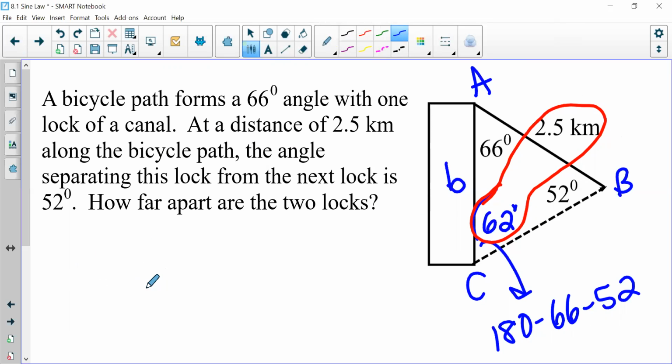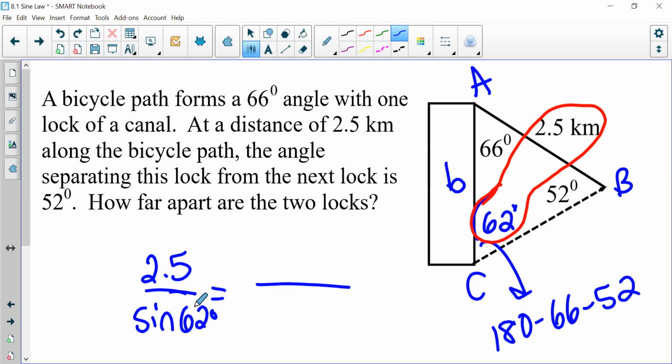So sine on the top then, and then 62 divided by 2.5. So flip that around. You want your side length in the top, so 2.5 in the top, and angles in the bottom. Yep. Okay, good. So B and B here, and then C and C, and then I'm solving for B. Good. How do I isolate for B? You're going to multiply it. Awesome. So multiply by sine 52.